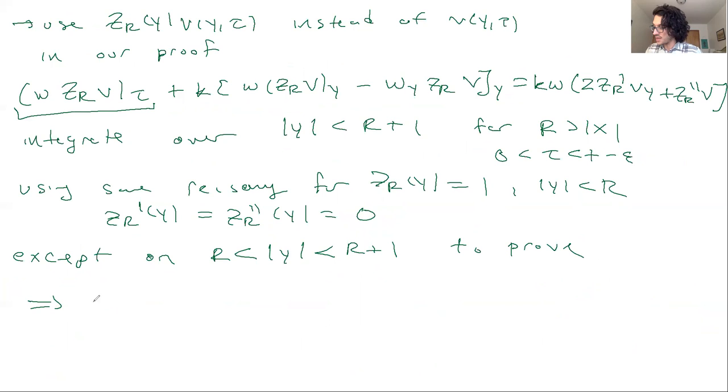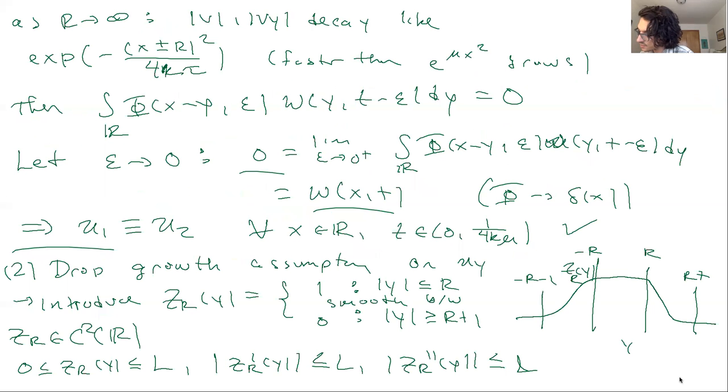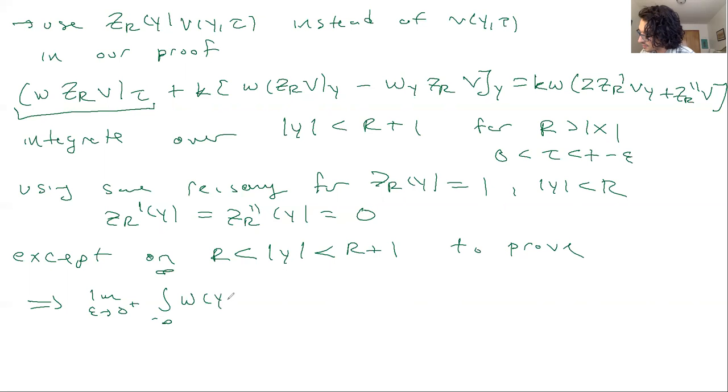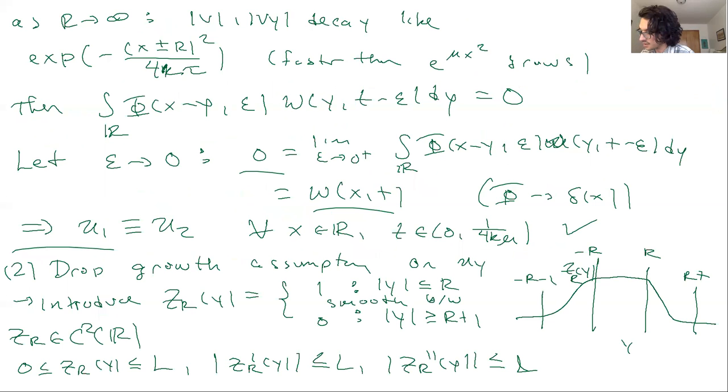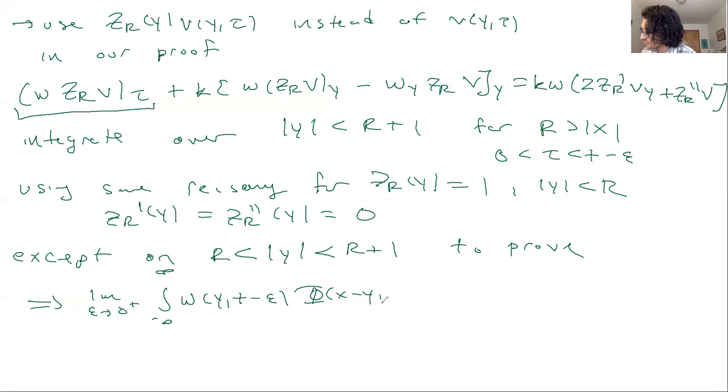And this again will imply that in the limit as epsilon goes to 0, of the integral from minus infinity up to infinity, okay, of w, so now it's going to be w of y, t minus epsilon, phi of (x minus y) over epsilon, and now we have this additional thing Zr of y.